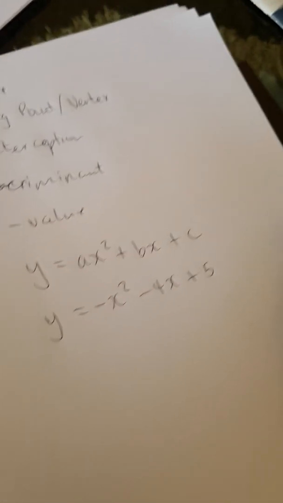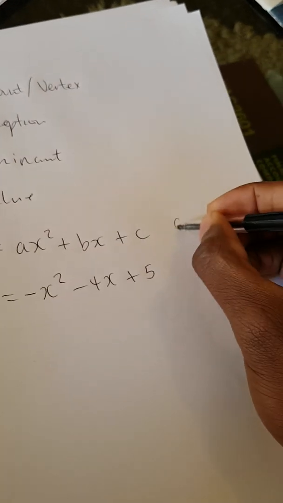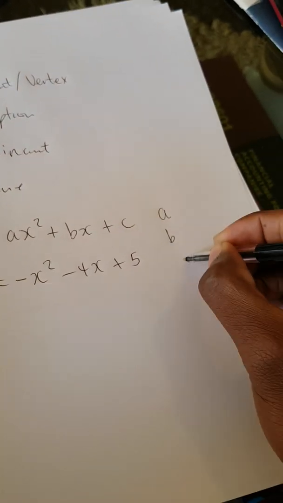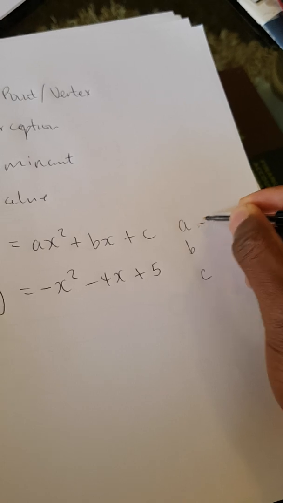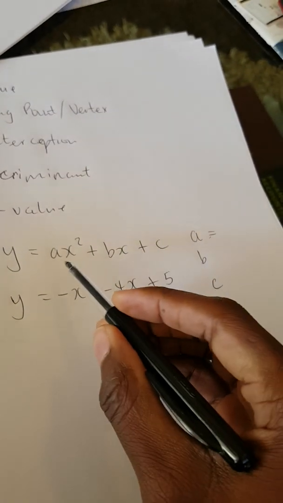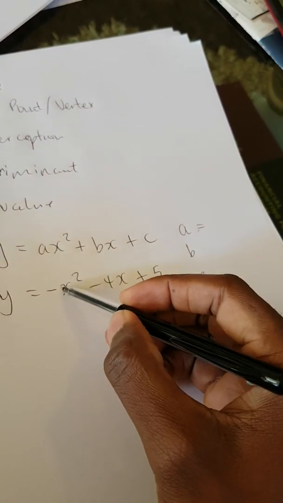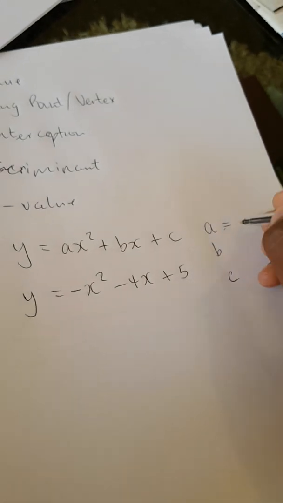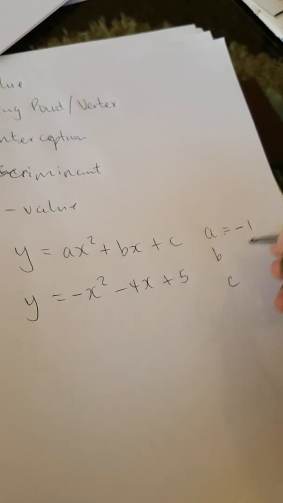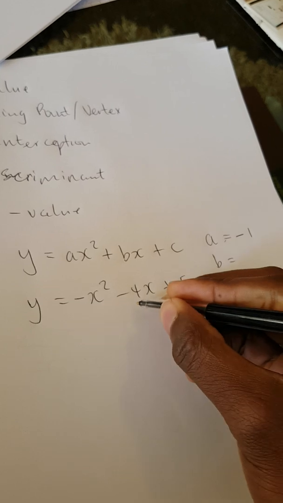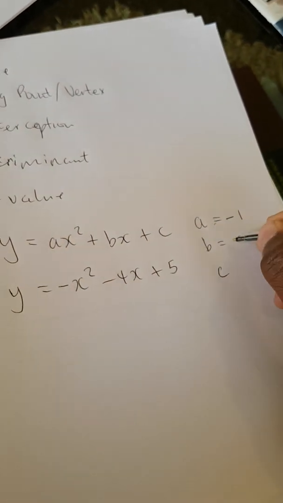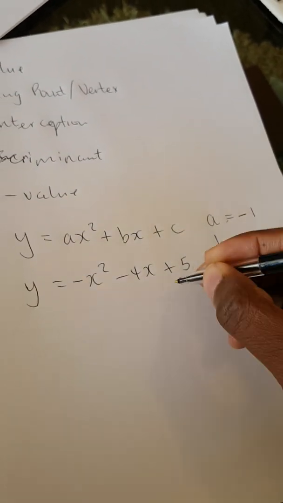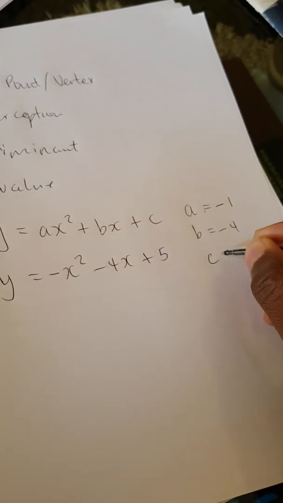So what does this mean? This means that for a, b, c, our a will be invisible -1, so our a will be -1, our b will be -4, and our c will be 5.